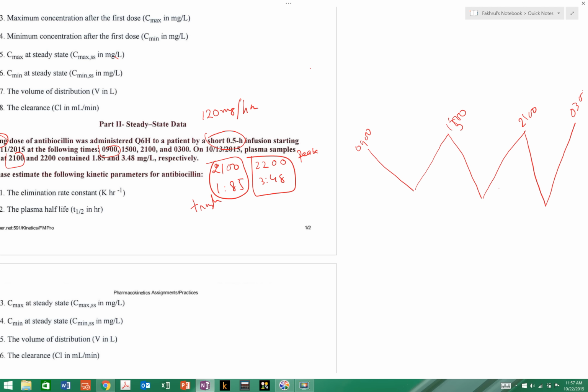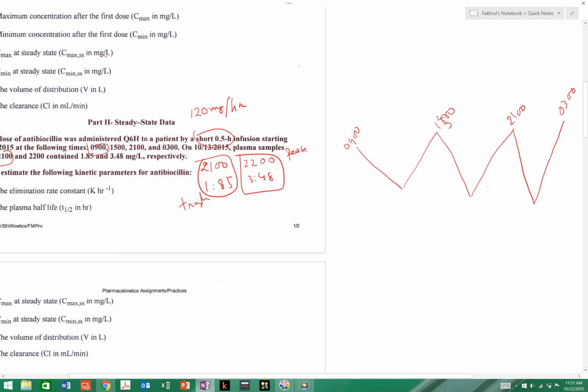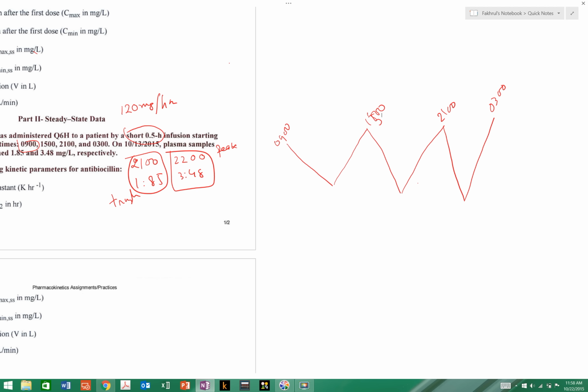So let's see. If you are taking 2100, first the trough sample was taken here, somewhere here at 2100.